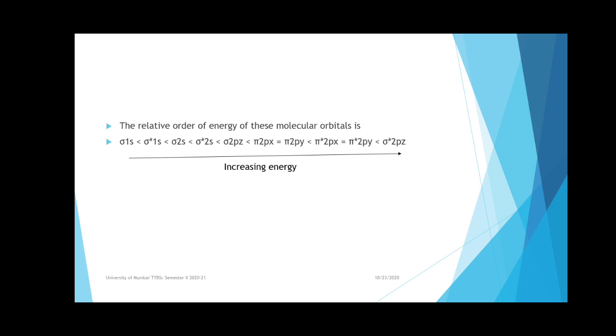Again, these have lower energy as compared to pi star 2px and pi star 2py, their antibonding molecular orbitals, and the highest energy is of the sigma star 2pz orbital. In this way we can arrange all the molecular orbitals with their increasing energy in the MO diagram.